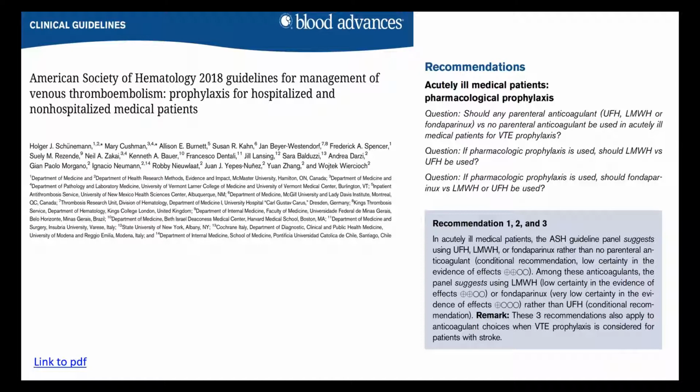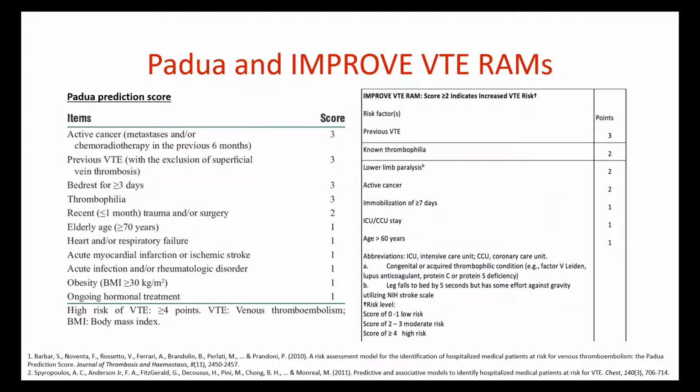I'll go on to say that for these guidelines, in order to assess risk in patients who are admitted to the hospital, we did review existing risk assessment models. There are primarily two risk assessment models that we had utilized for this work.